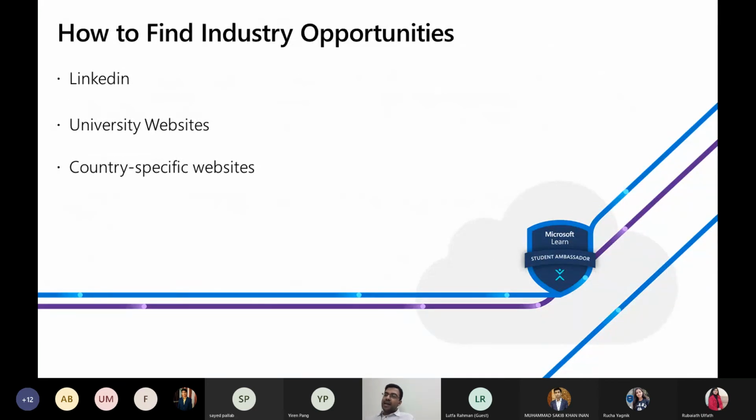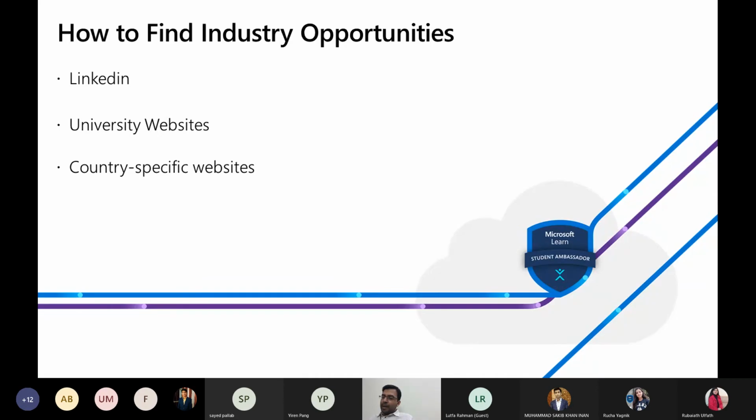This is a slide that is probably the last slide of my presentation, on how to look for opportunities in the industry. Honestly, this is tricky, because finding opportunities for research assistantship in your university is easy, because everyone is in front of you.